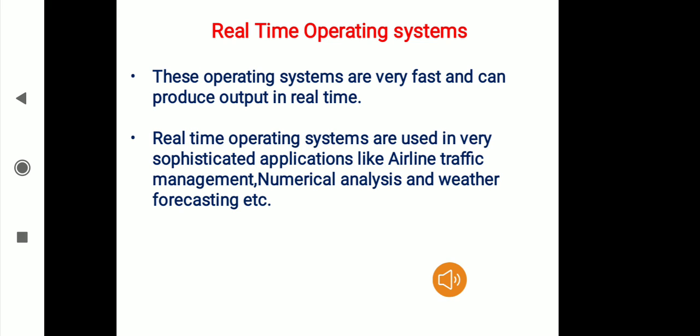The same applies to weather forecasting as well. If you wish to forecast a 14-day period weather data in advance, you need to use real-time operating systems for that, because only that can give you the accurate data in real time.